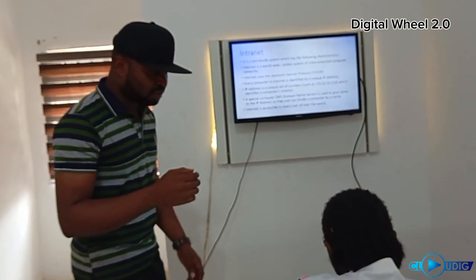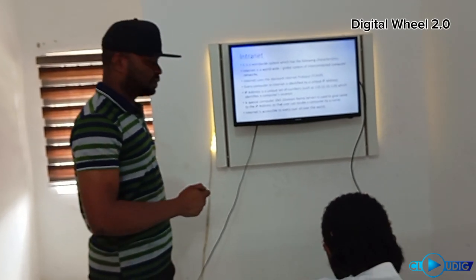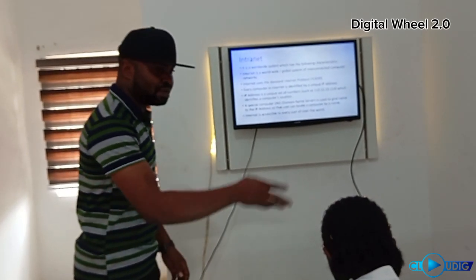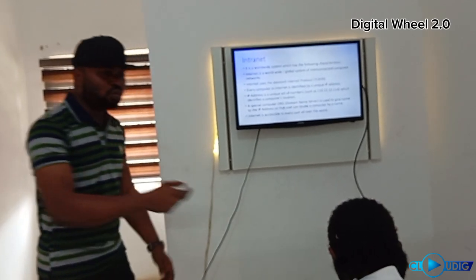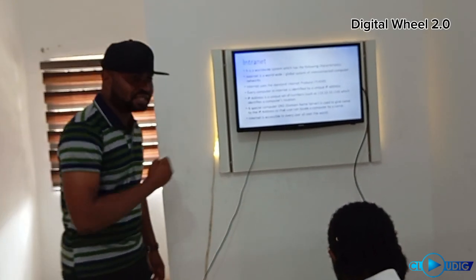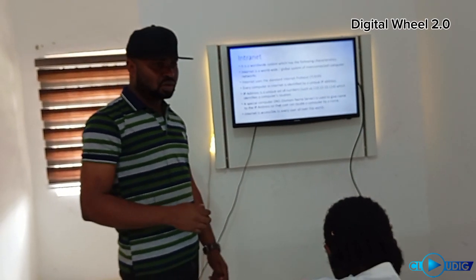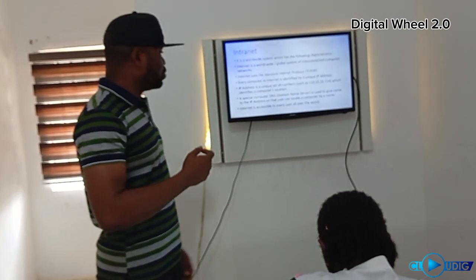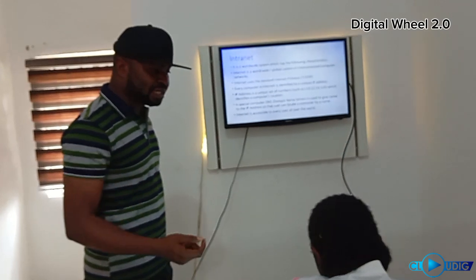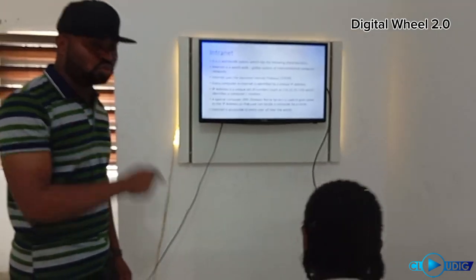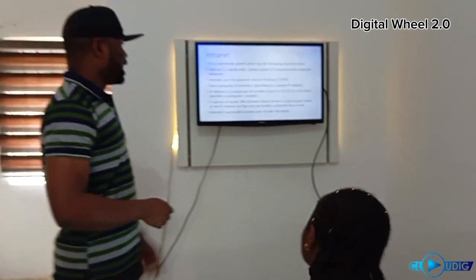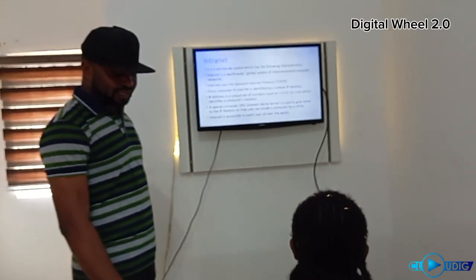So what it does is that when somebody logs on to the internet, it assigns an IP address to the person. Immediately you log off, it collects the IP address and assigns it to another person that will be coming online to surf the internet. So immediately you come back online again, another IP address will be assigned to you. That is how the IP version 4 addressing system works.